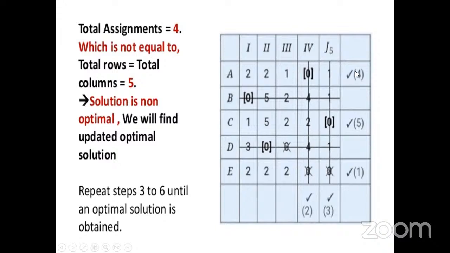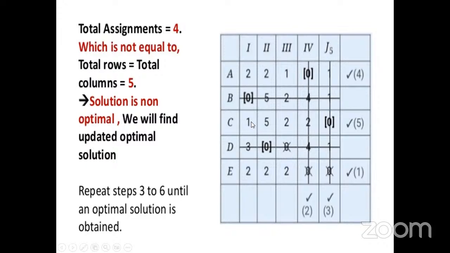Here assign, here it is, assignment is done. Then draw the lines. Wherever row wise, whichever is unmarked, there you need to draw a line here and here. In column wise, wherever tick mark is there, those 2 columns have to be drawn with lines.